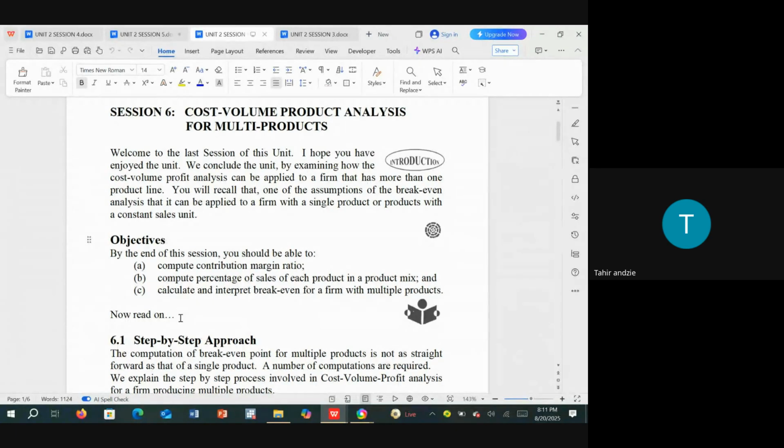Okay, so that is the mix with which the sales are made. And so you should be able to calculate the percentage of sales for each product, and then calculate and interpret the break-even for a firm with multi-products.